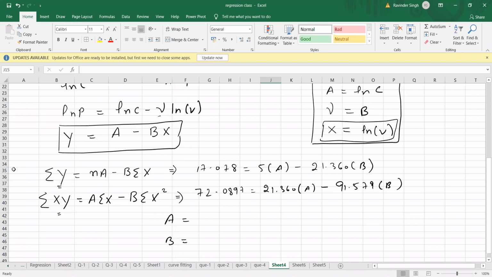All right, so we have got the A value as 14.677 and capital B value as 2.636. So we have got capital A and capital B.